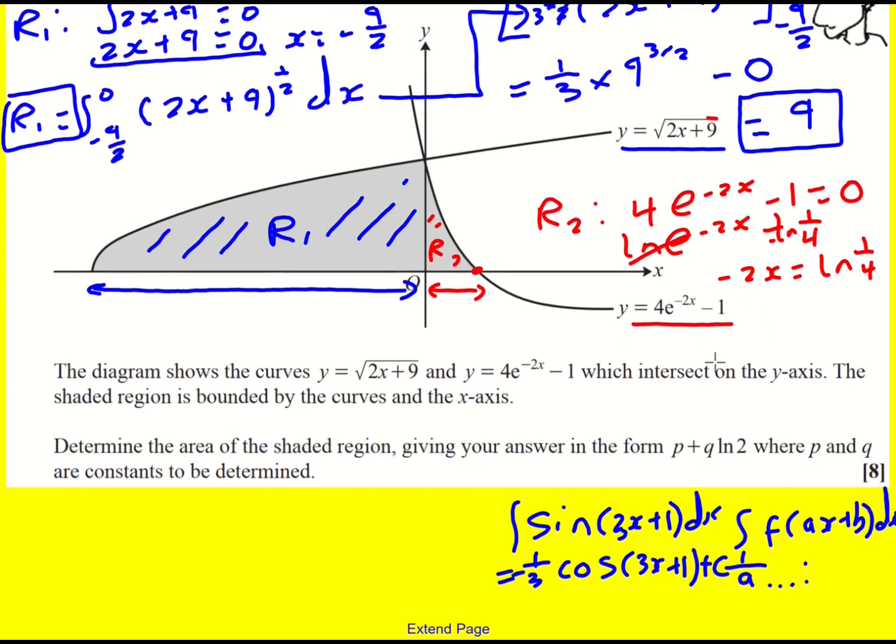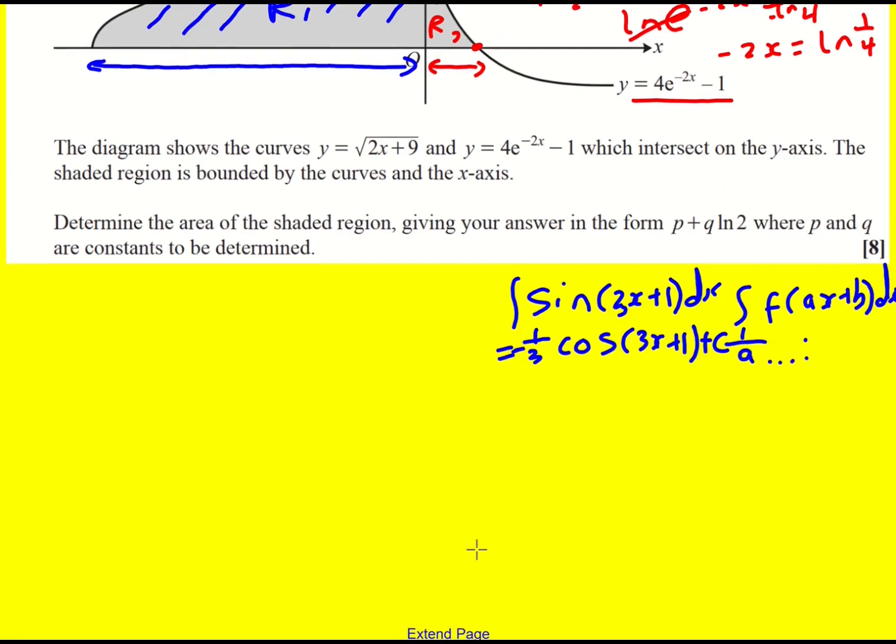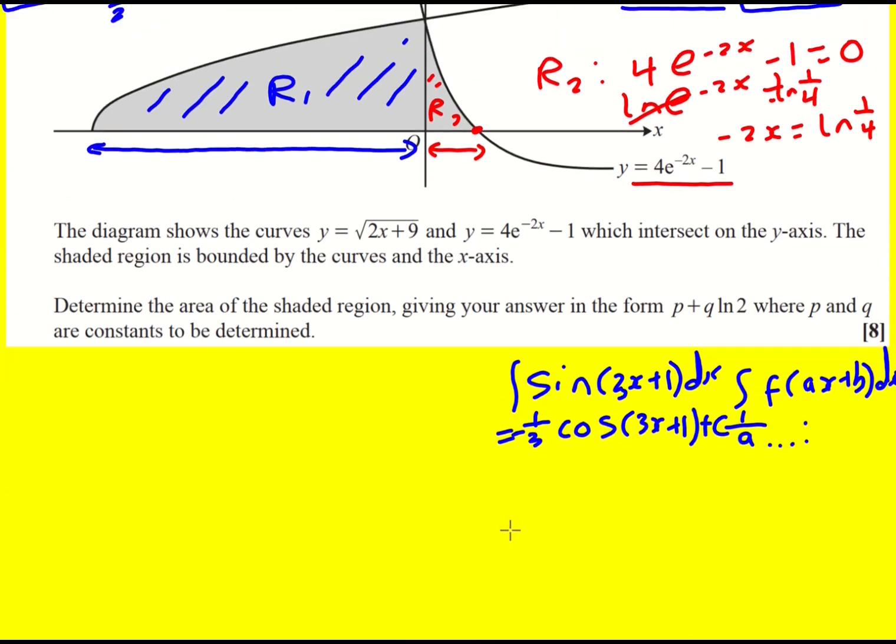You could leave it as ln of a quarter, but whenever you get ln of a fraction in this kind of scenario, I think it's good to get rid of the fraction. So a quarter is 4 to the minus 1, and this becomes minus ln 4, because you bring the minus down.